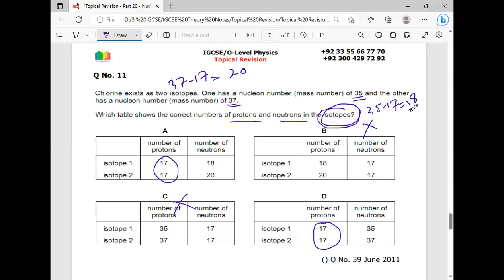So one should have 18 neutrons and the other should have 20, 18 and 20. So which option is correct? Option A is the correct answer.